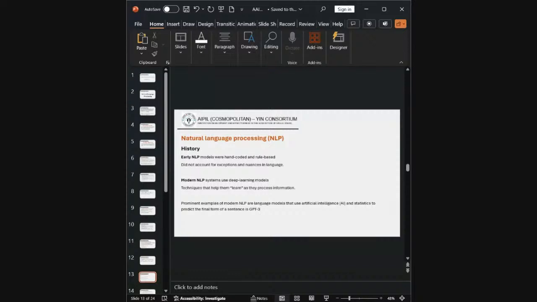In order for a machine to be successful in parsing language, it must first be programmed to differentiate these different concepts that we have been discussing.